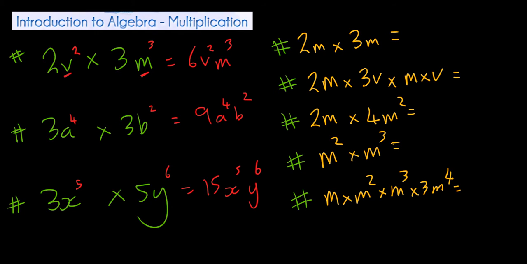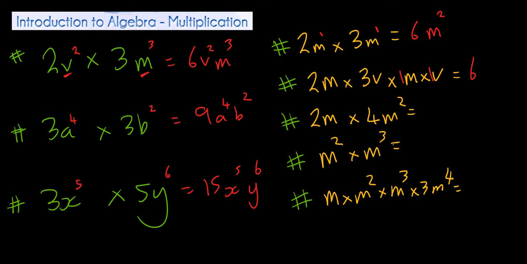Let's multiply the numbers together first. 2 times 3 gives 6, and then we've got m to the power of 1 multiplied by m to the power of 1, which is m squared. The coefficients of m here are 1, the coefficient of v is 1, so let's multiply all the numbers together. So we've got 2 times 3 is 6, 6 times 1 is 6, and 6 times another 1 is 6.